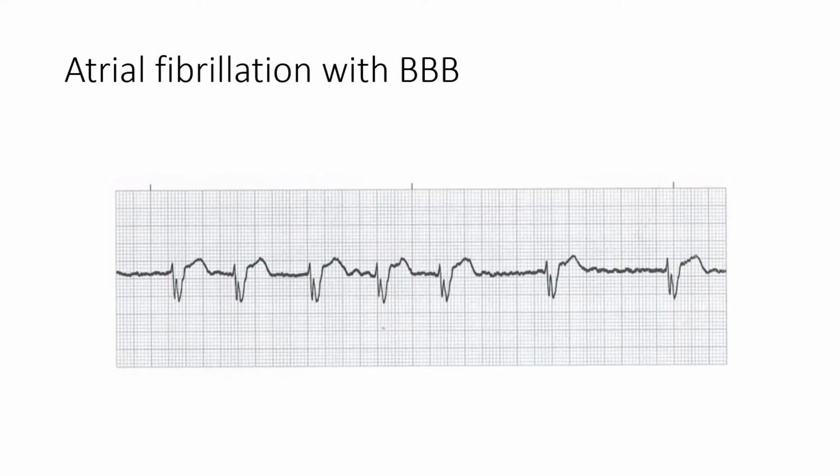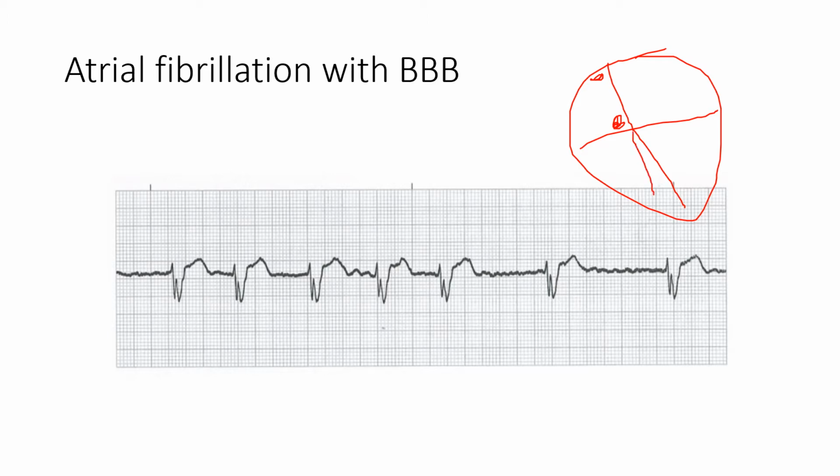You may see somebody that has a bundle branch block that is in atrial fib. And just remember, when you have a bundle branch block, I'm going to just draw your heart. The rhythm comes from somewhere in the atrium, and normally any rhythm that comes from the atrium will create a normal QRS, because it starts in the atrium and goes down the bundles of His. But if you have a blocked bundle, like a right bundle block due to some surgery or something, this one's coming from AFib, so it's being bombarded, but it's still coming from the atrium.